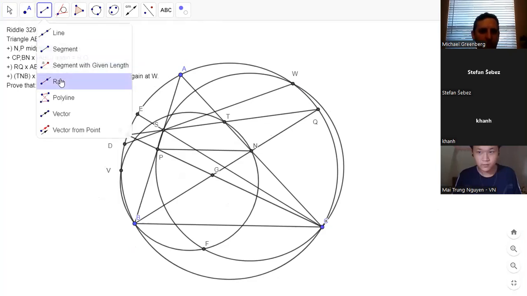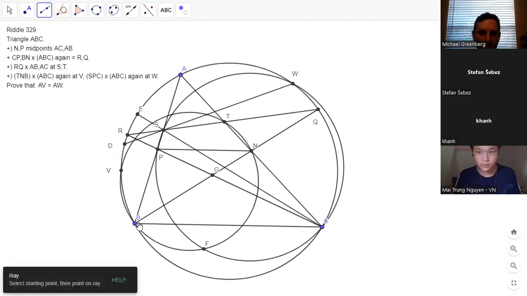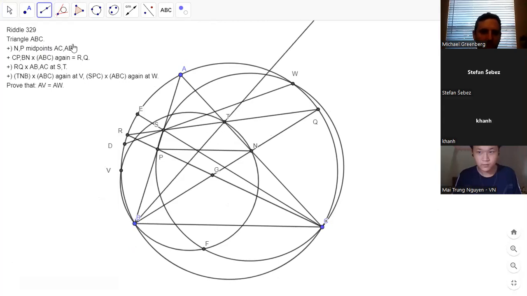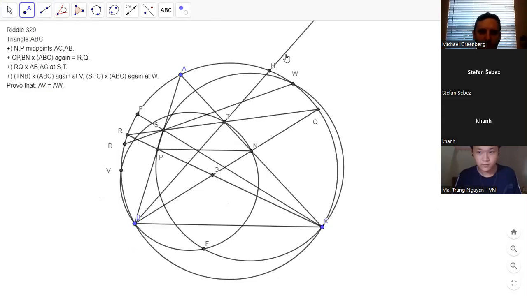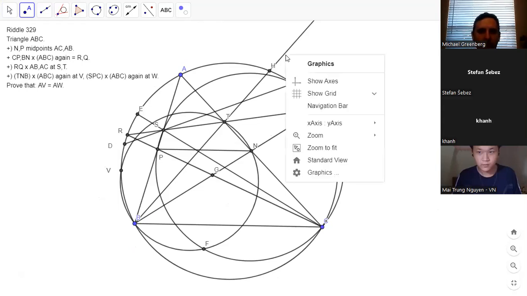And then we also know that AEBW and AHCV are both harmonic.